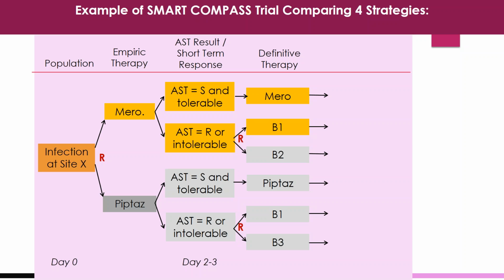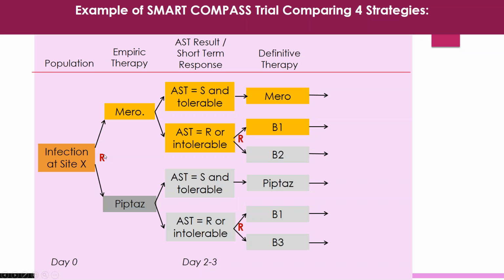In this particular example, because we're seeing a lot of antibiotic resistance, I've only indicated that we may randomize patients to different options if that initial choice was the inappropriate one, there was resistance to it. But we could also randomize at a higher level to their definitive therapy option if there was susceptibility. So it is something of a complicated design, but it does very much reflect what happens in clinical practice.